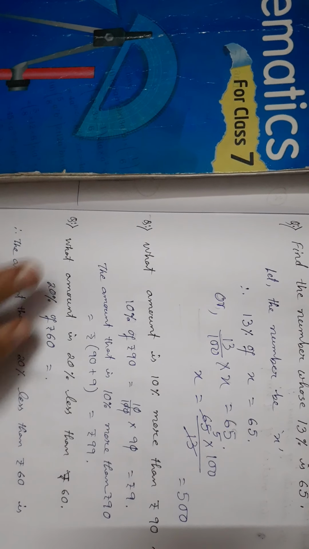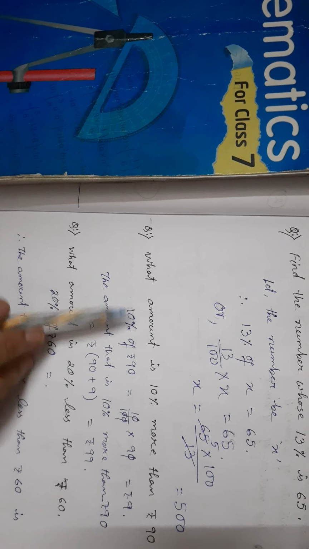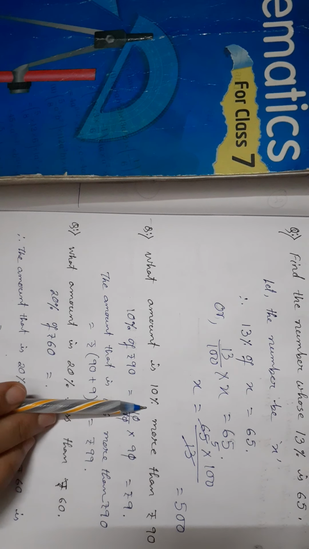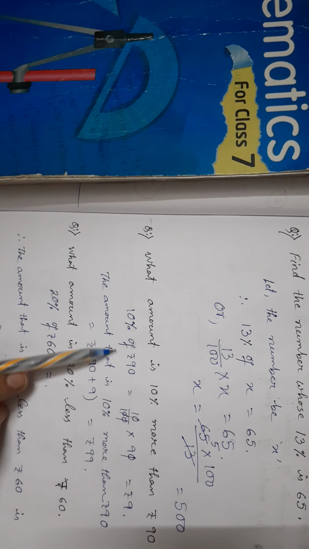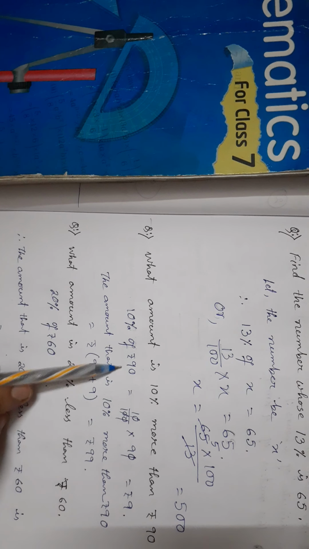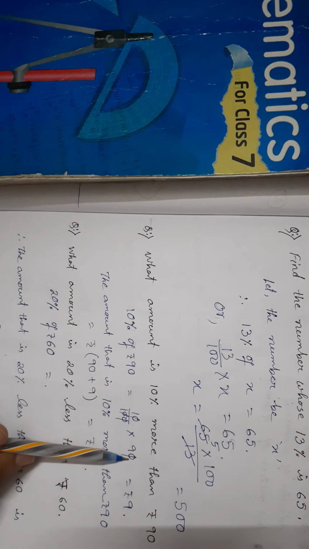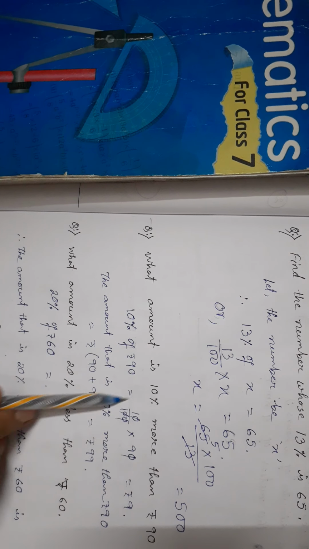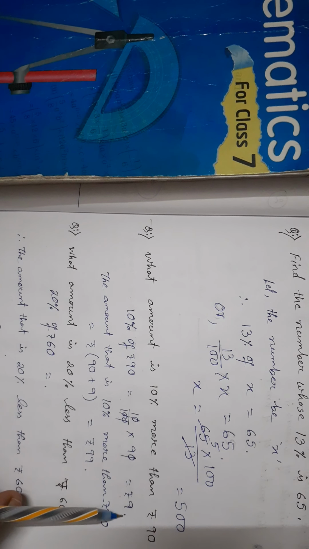500 is the answer. Similarly, one more sum you can see here. It is given: what amount is 10% more than rupees 90. 10% of rupees 90 we can find out in this way, that 10 by 100 into 90. So from here we can calculate 10% of 90 is coming rupees 9.